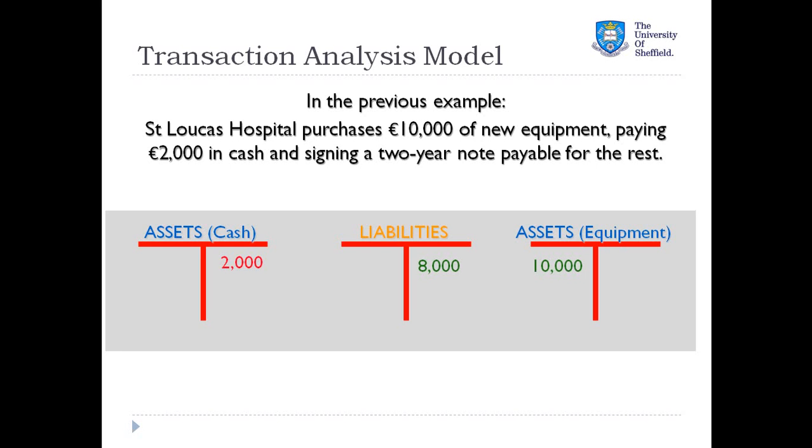We said that the St. Lucas Hospital paid 2,000 in cash. So you can see here that since this decreases, where we actually pay 2,000 euros, this is going to be recorded on the right hand side as a credit. At the same time, you can see that assets are being increased. So we buy a new asset. And what did we say?